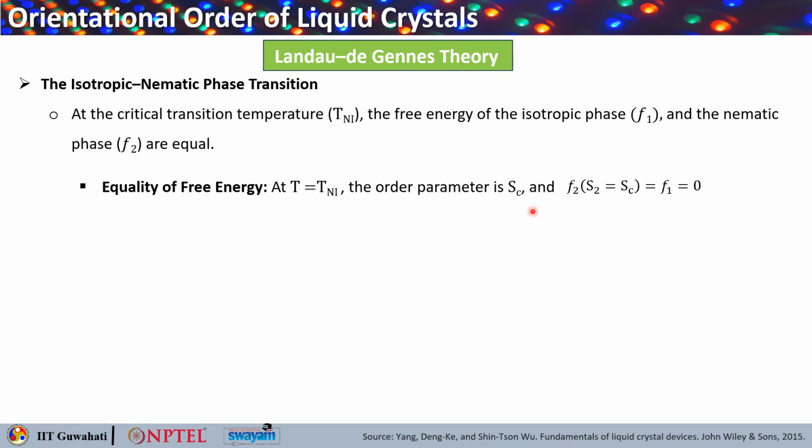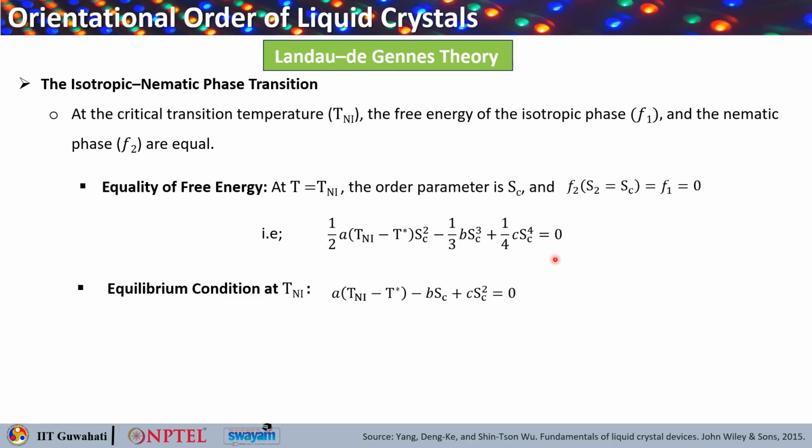In that case you have this critical order parameter SC. So, you can write that F2 at S2 equals SC will be equal to F1, which is basically 0. You can go back to that equation, put your value of S2 equals SC, and you will see this is what you obtain.